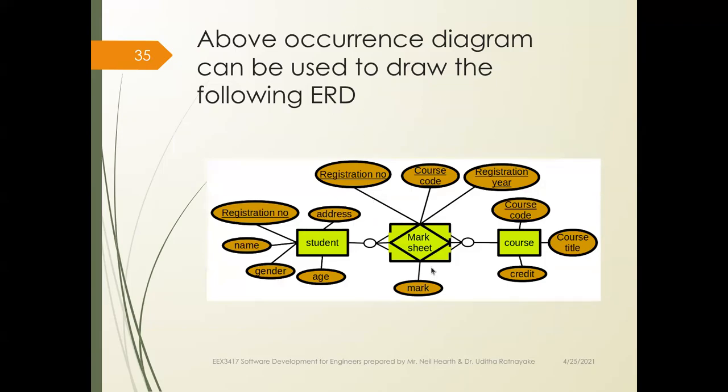We can put this as another table, mark sheet, and the many side is here. One side is this one, this side is the many side. This is zero or many. Registration number, course code, registration year, mark, like this.